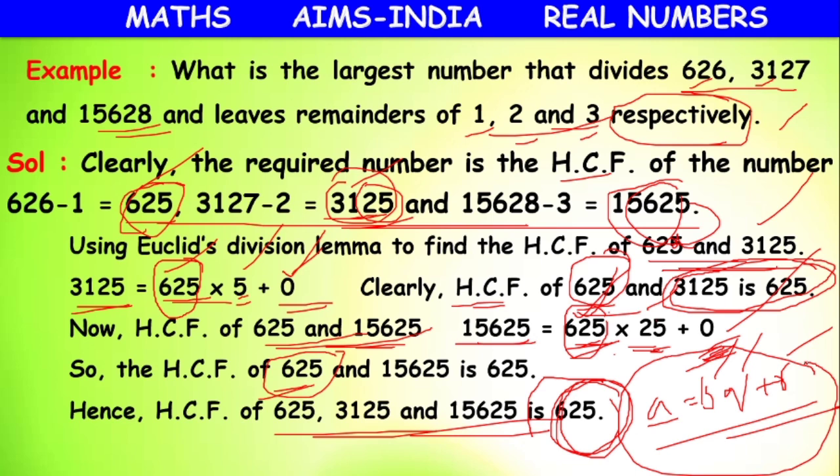In the Euclid division algorithm, the lemma is used repeatedly until the remainder is 0. So if you are perfect with the concept of the division rule, then you can easily solve the problems of Euclid division lemma and Euclid division algorithm.